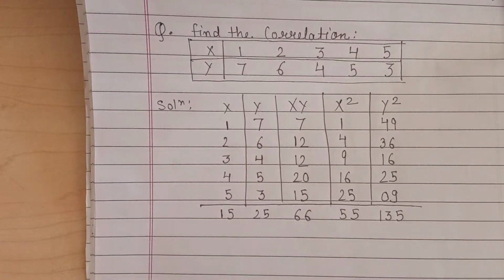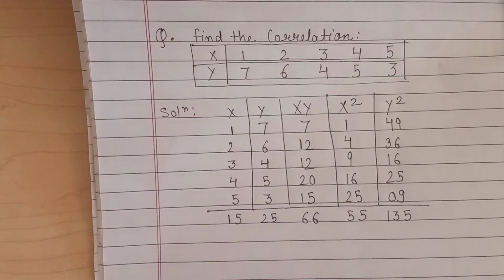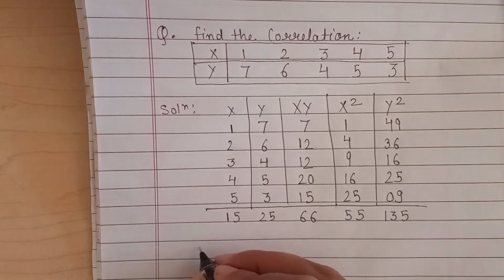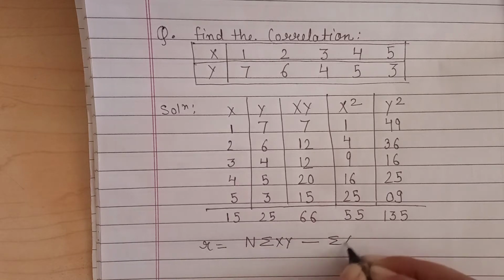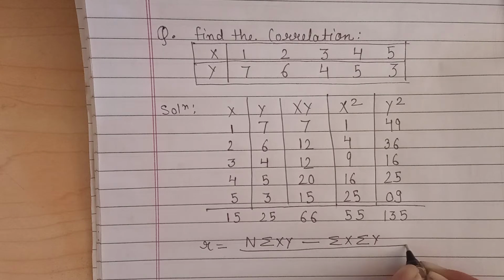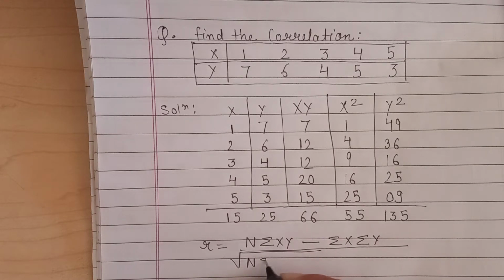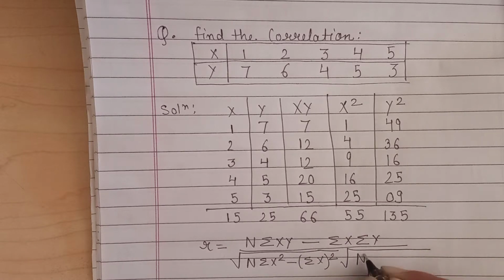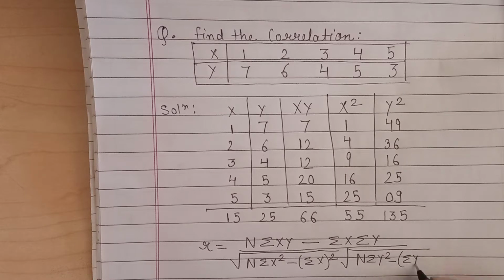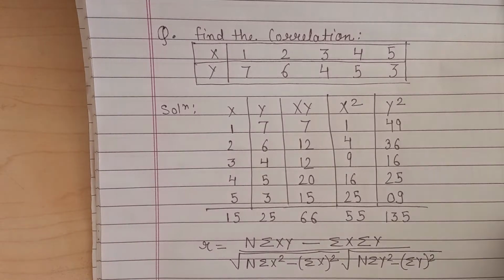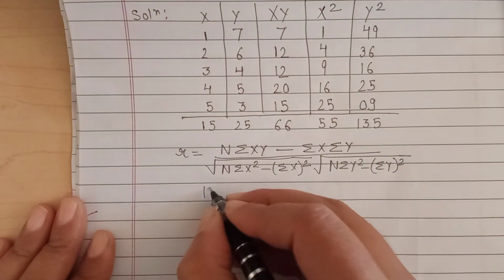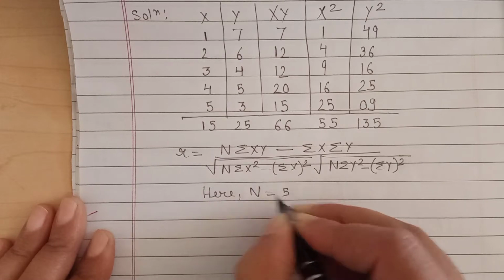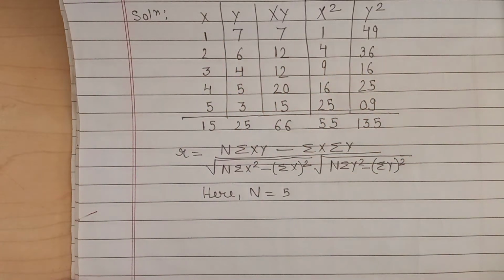Now we will directly substitute all these things in the formula. The formula to find r is n summation of xy minus summation of x summation of y, divided by root over n summation of x square minus summation of x whole square, root over n summation of y square minus summation of y whole square. Here the value of n is 5, because there are 5 values.